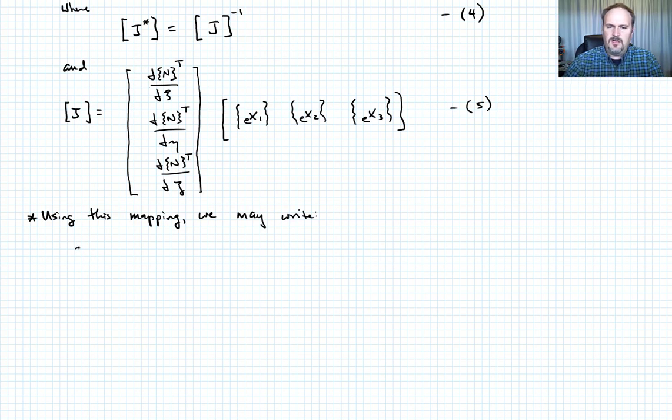So let's take epsilon 1 as an example. That is going to be n, comma 1 transpose times u of the element in the one direction, okay?